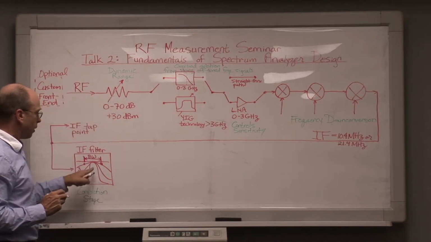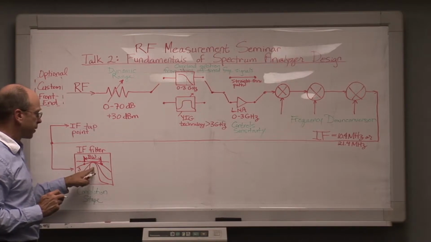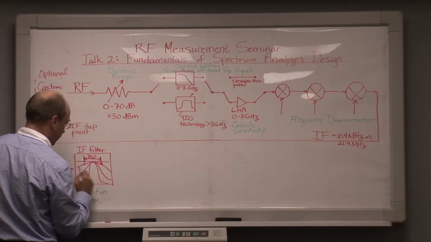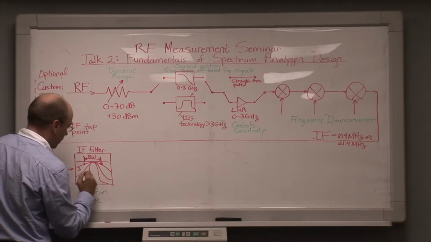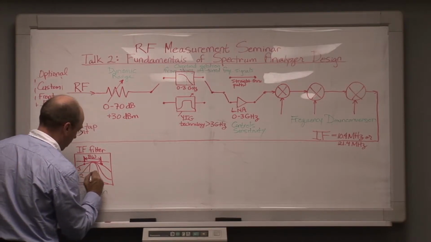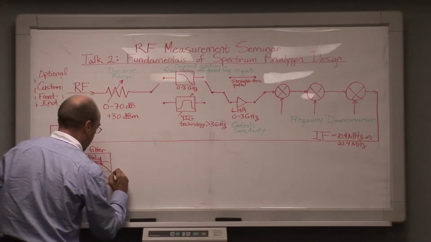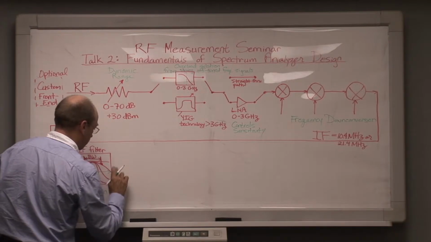spectrum shape. The way that the spectrum analyzer uses this filter is to, in fact, sweep this filter in the frequency domain at the IF stage frequency using a voltage-controlled oscillator.